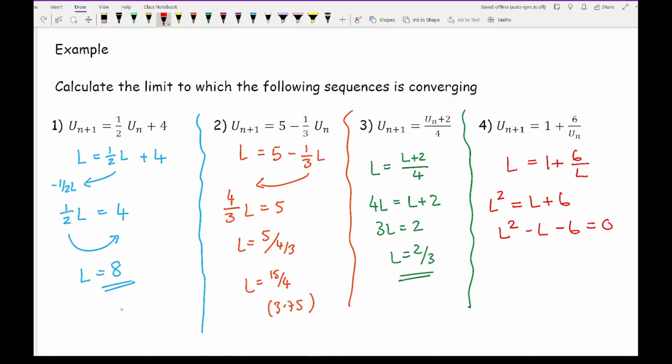This then becomes a quadratic, which I can go on to solve, in which I've got (L minus 3)(L plus 2) equals 0. So L is going to either converge to 3 or it could converge to minus 2, depending on what the starting value actually is going to be.